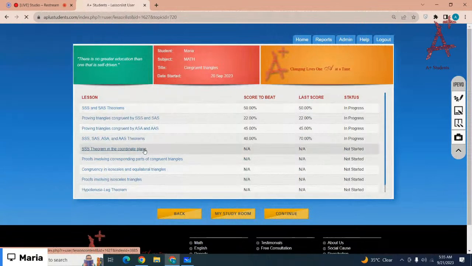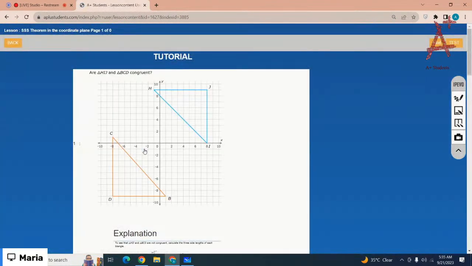Okay, SSS theorems in the coordinate plane. Are triangle BCD and HIJ congruent? I think no, they are not congruent.